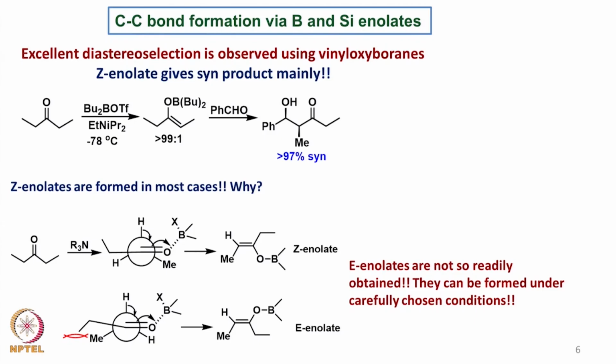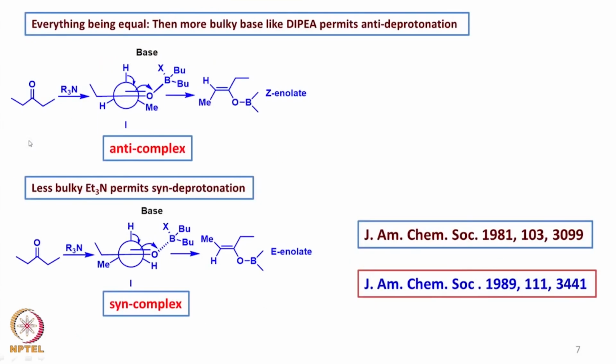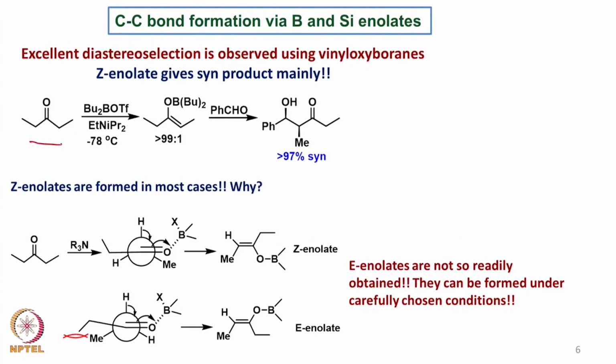Now if we take a diethyl ketone, for example something like this, then if we use dibutylboron triflate, and in the presence of this unique base, diisopropylethylamine at minus 78 degrees, then this is the enolate, that is the boron enolate, that is formed, which is a Z enolate, in more than 99:1 ratio of the Z and E enolate.